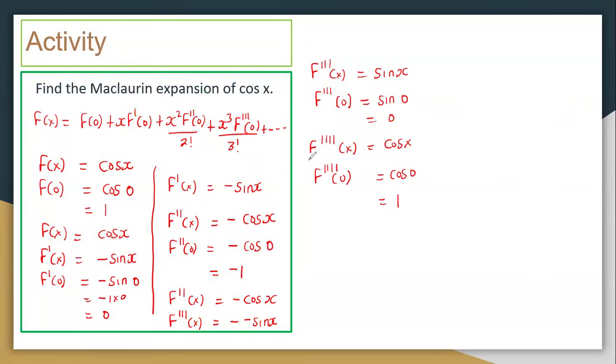Now, after we have obtained everything, we are going to substitute. Our function f of x will equal f of 0, we had our answer as 1, then plus x times f prime of 0, we got 0. So this is x times 0 plus x squared times f double prime of 0.